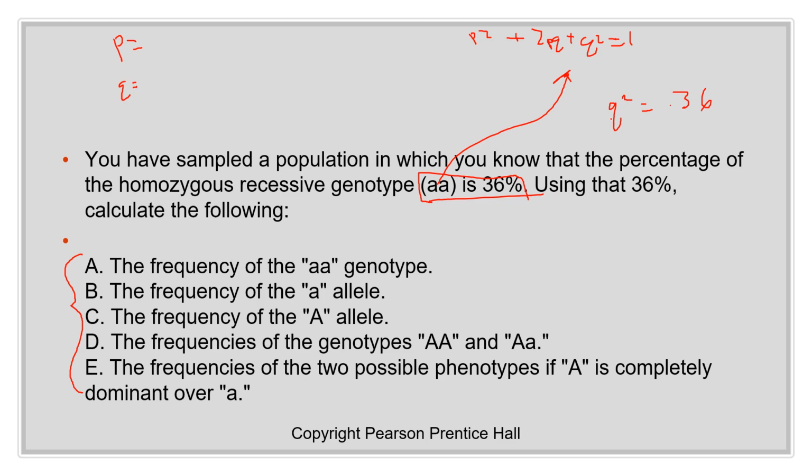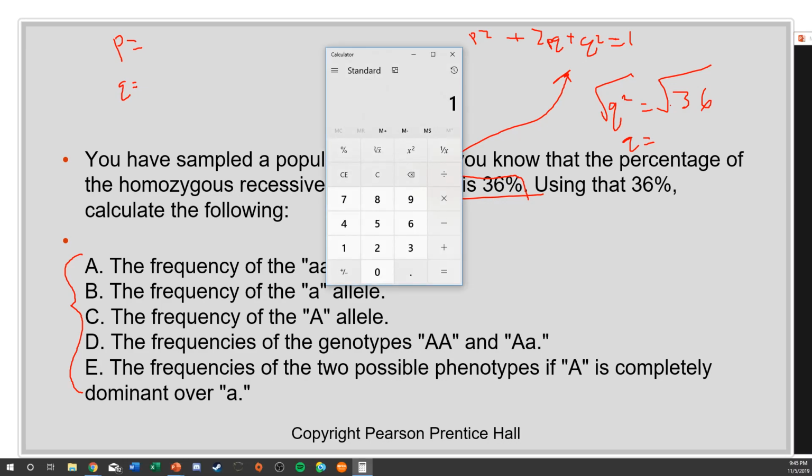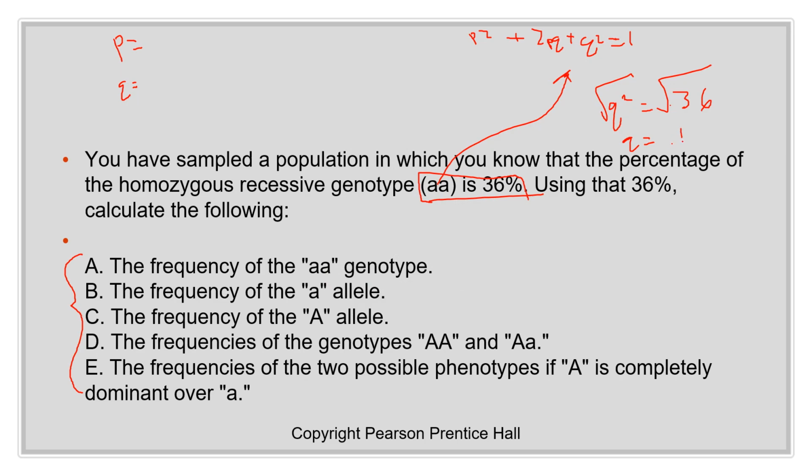Take the square root of that to get rid of the square. We can then solve for Q. So Q is the square root of 0.36, which is, oh gosh, me and math today. 0.6. Okay, so we would have 0.6 here.